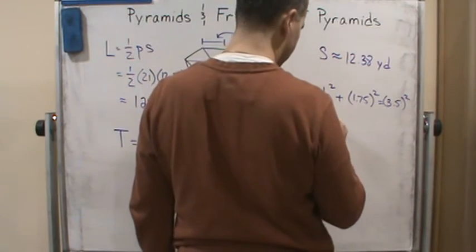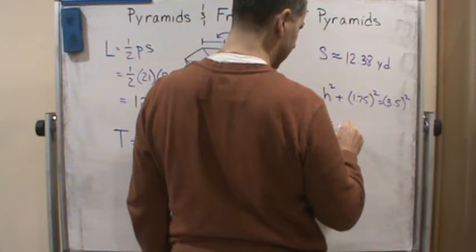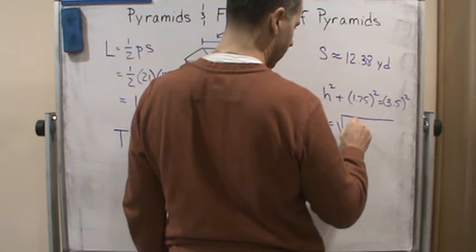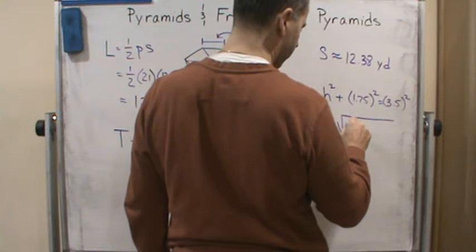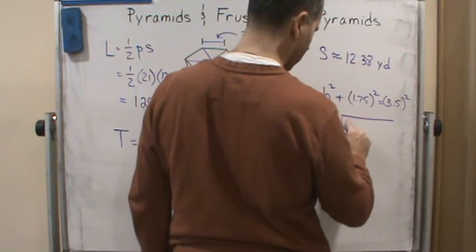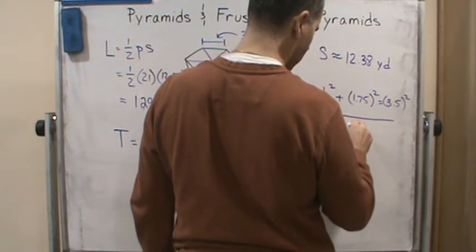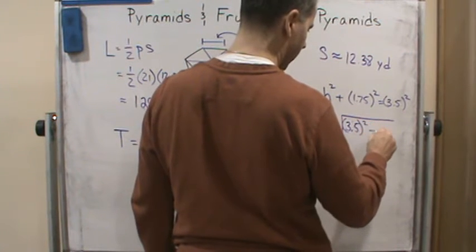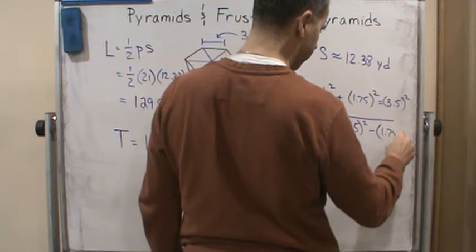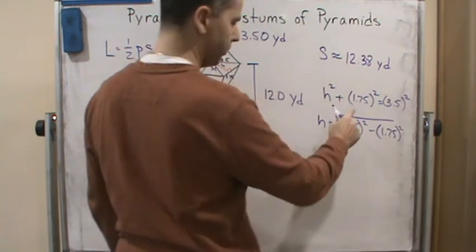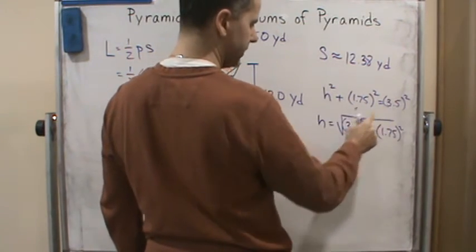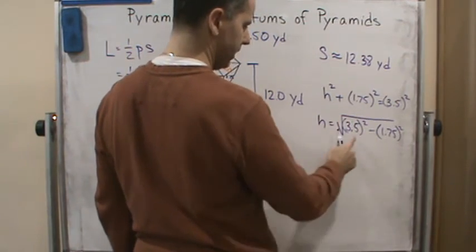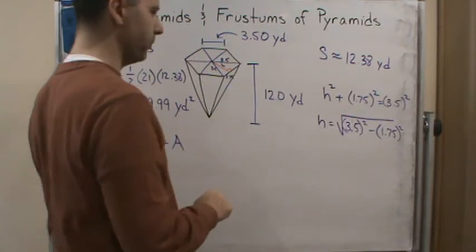Then h is going to equal the square root of 3.5 squared minus 1.75 squared. All I did was subtract this from both sides, which gives me the inside, and then I took the square root of both sides. That gives me this.